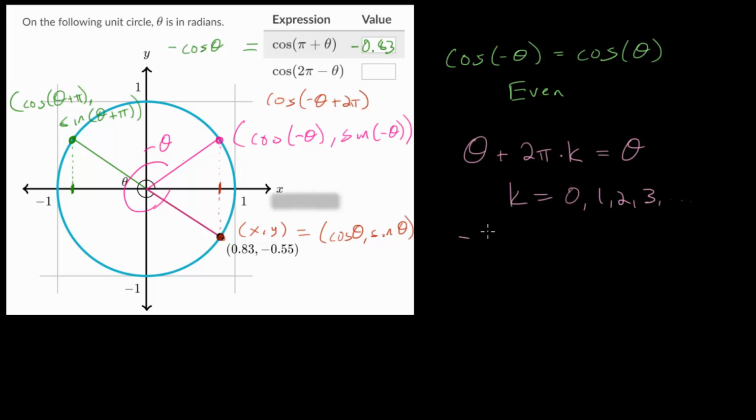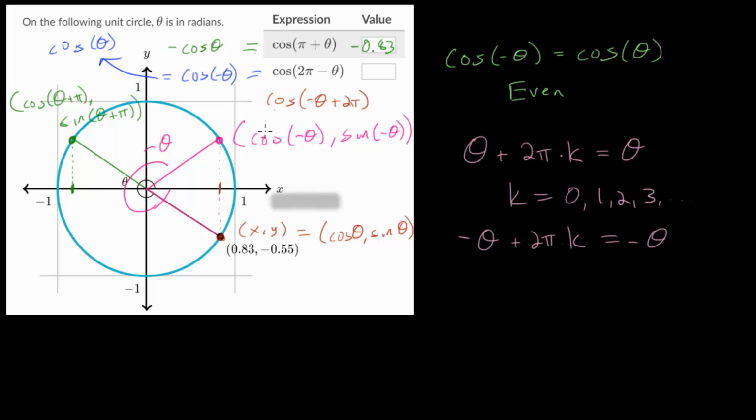But this would be true if the angle was the opposite of theta. We could add as many times as we want 2 pi radians or 360 degrees, and we'll just get back the angle that we started with. So in other words, the cosine of minus theta plus 2 pi, or 2 pi minus theta, this is just the cosine of minus theta, and we know the cosine of minus theta is just equal to the cosine of theta.